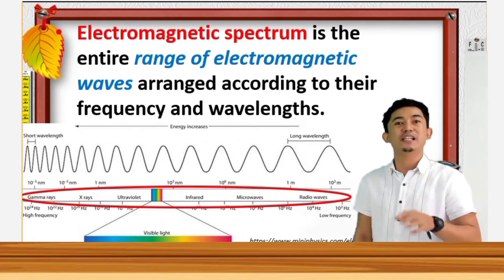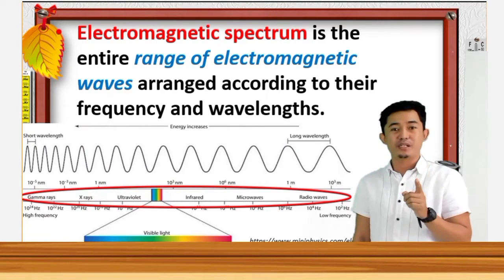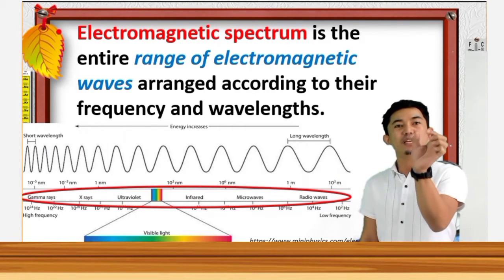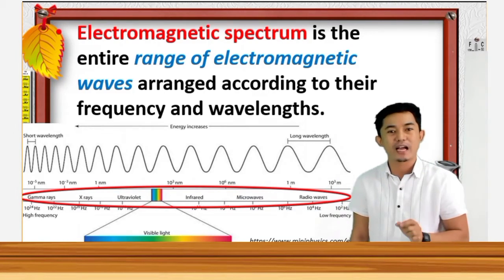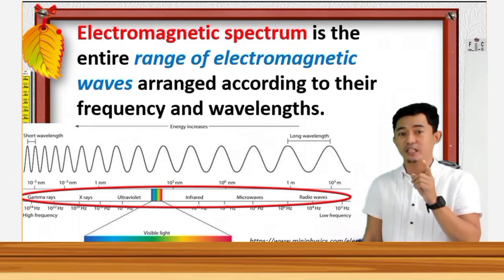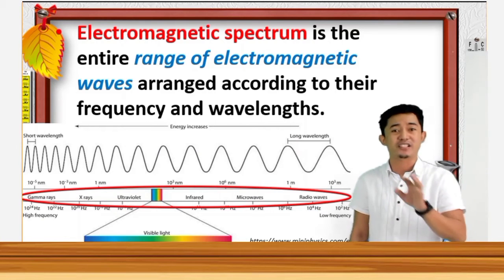Actually, those are the 7 types of electromagnetic waves. And as you notice, class, on the mid part is visible light. Another fact is this: visible light is the only one that we can see. We cannot see the gamma rays, X-rays, etc.